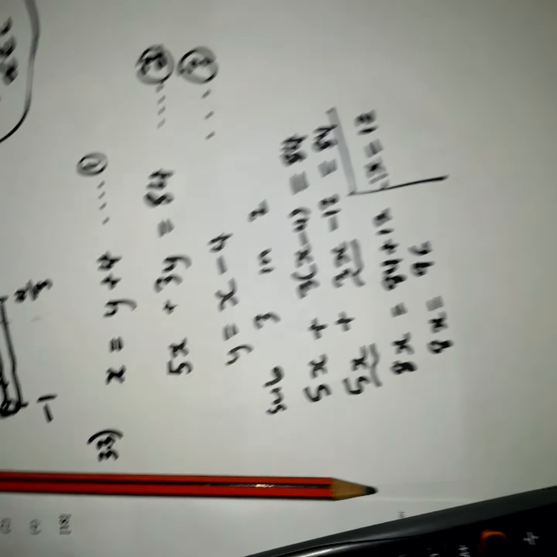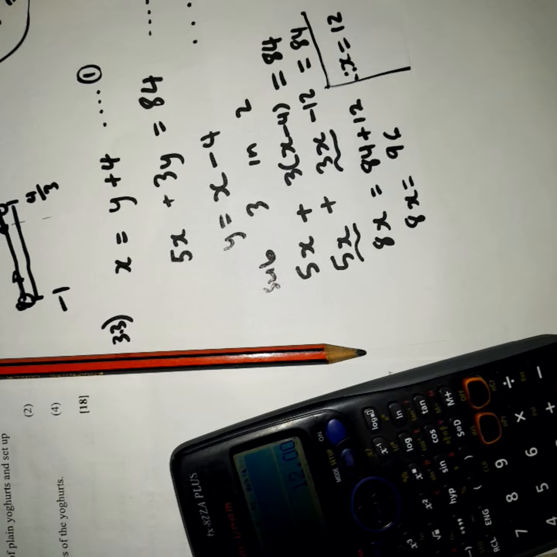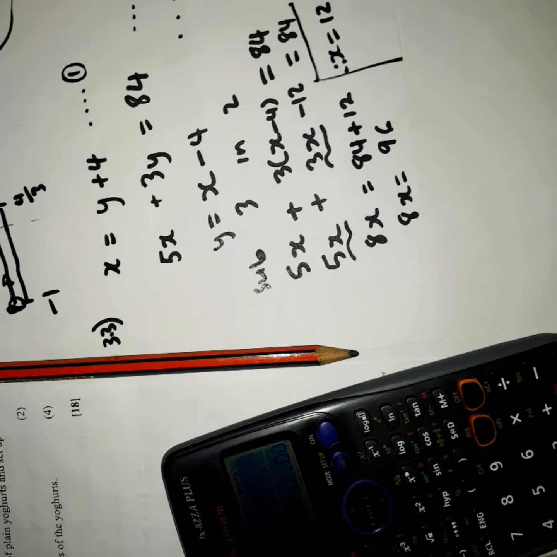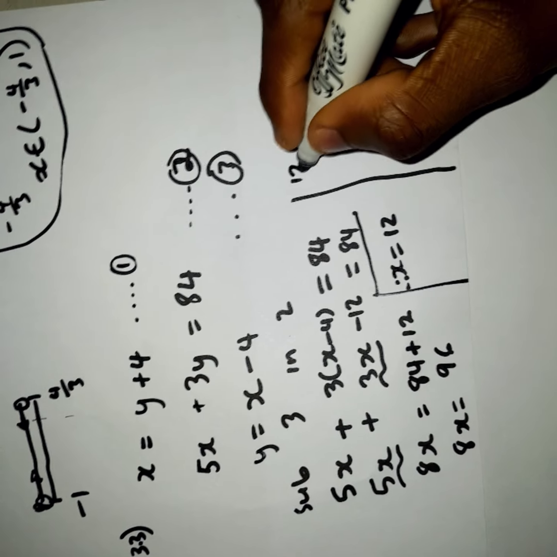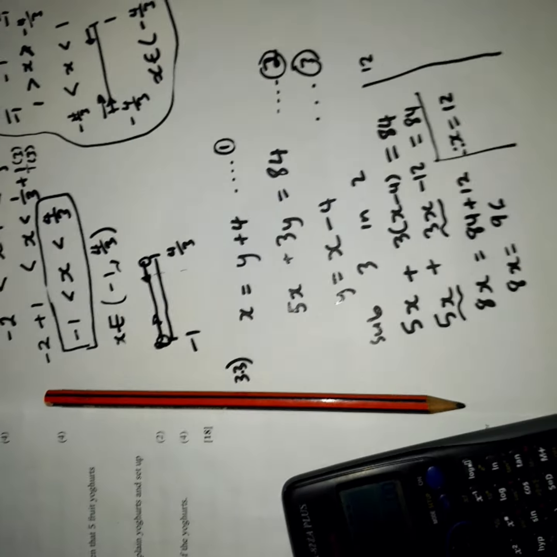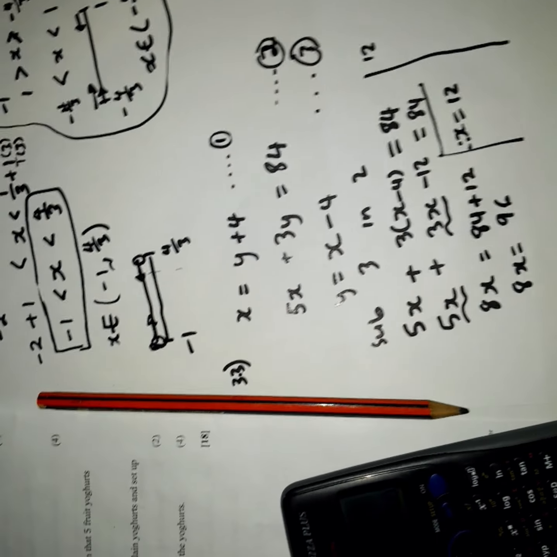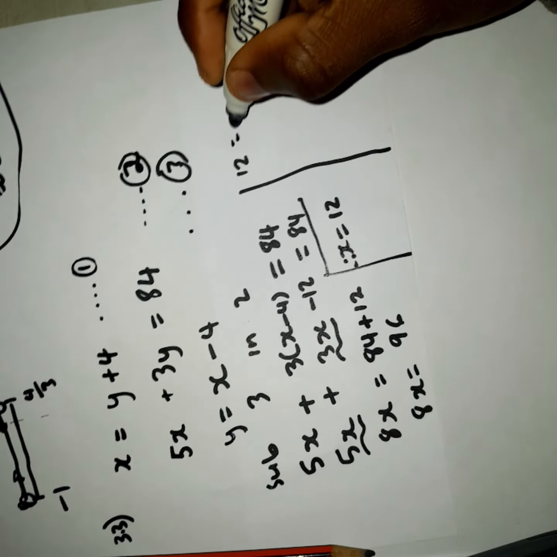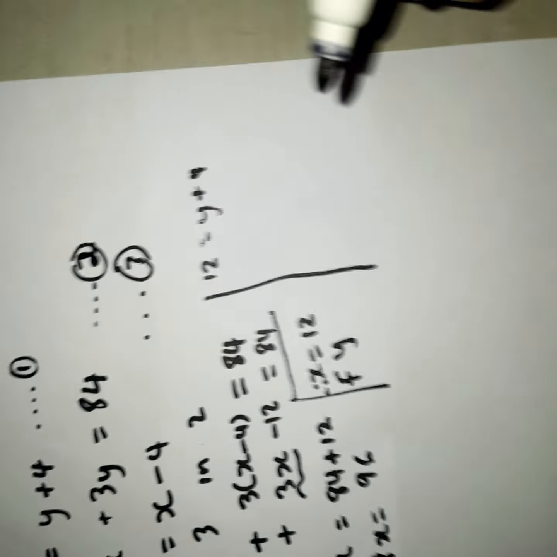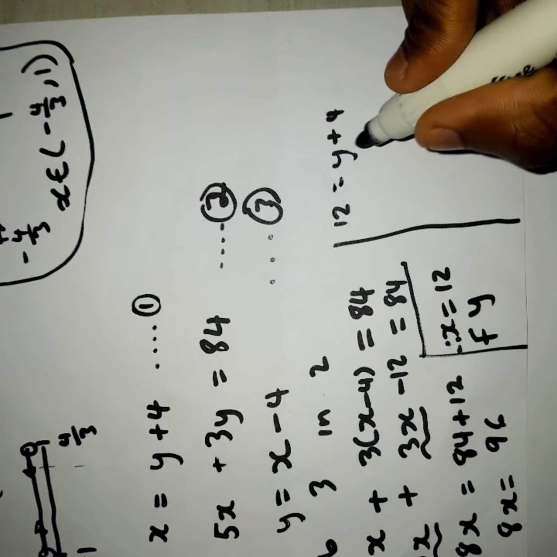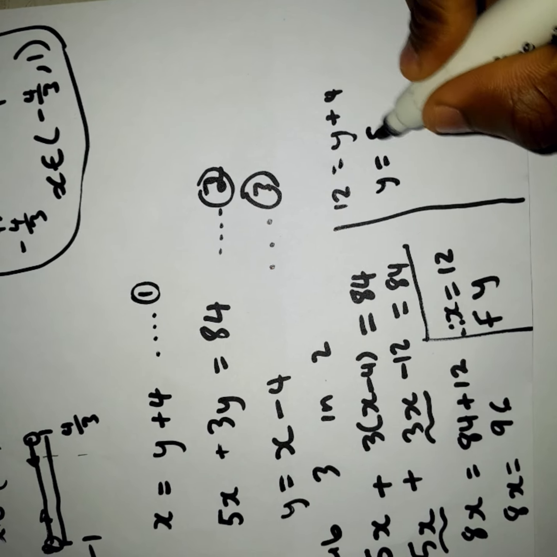So now what is the x value for? It's the price of the fruit yogurts. So if the fruit yogurt is 12, then the price of the plain yogurt, since the fruit yogurt is 4 rand more than the plain yogurt, x equals y plus 4. So this is a fruit yogurt, and we're going to solve for this, which our answer we will get 8 rand.